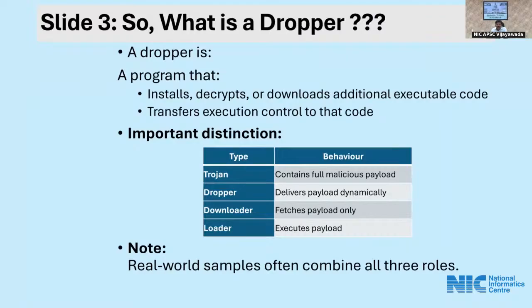Dex means Dalvik executable bytecode that Android runs. There is also the Android manifest file, an XML file that declares the permissions and all the components used in the APK. And there are resource files also, and all of them are put together and made into an APK file.